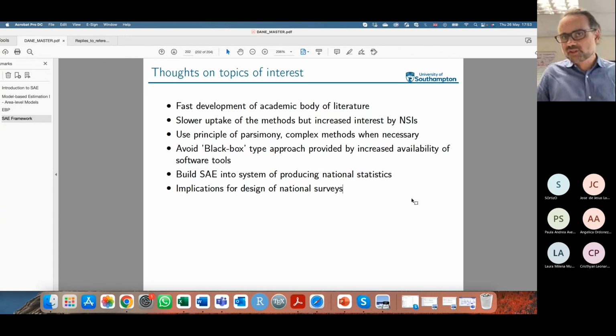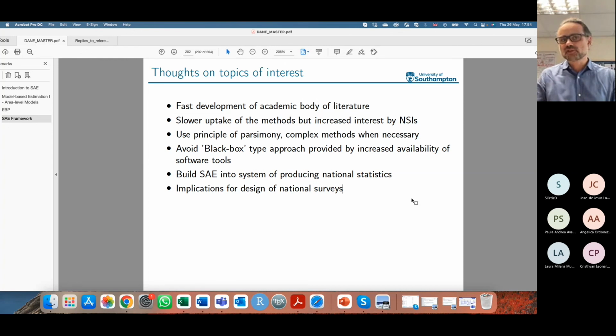There is increased availability of software tools, and that's great, but before I start using various software tools and various algorithmic tools, I would start with the basic things, the basic steps that I described, building it one step at a time, and then see how far I get and whether I have to consider more complex methods for what I want to do.